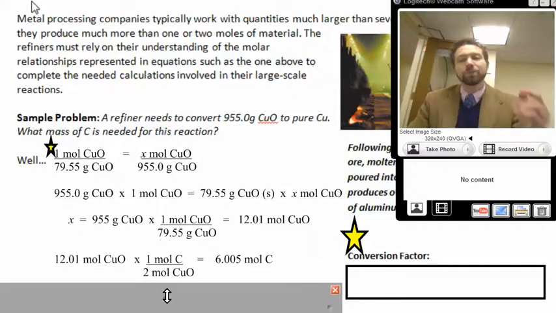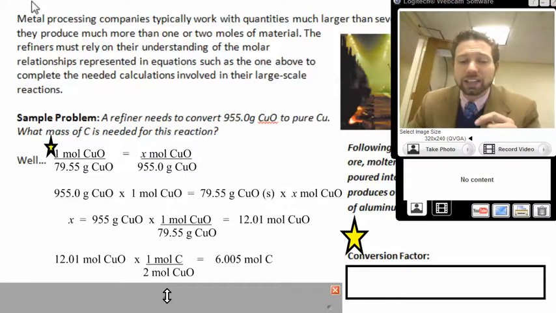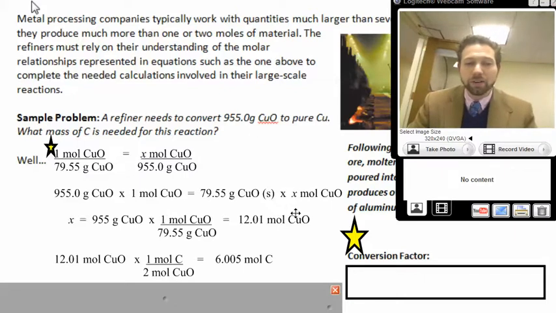So if I have 12.01 moles of copper oxide, we multiply it by another conversion factor. The conversion factor here is 1 mole of carbon for every 2 moles of copper oxide.